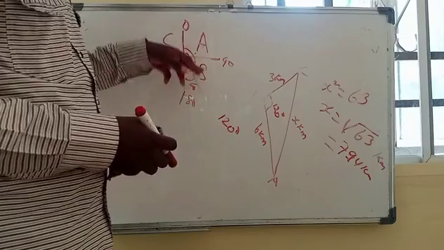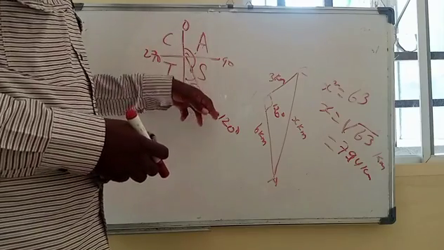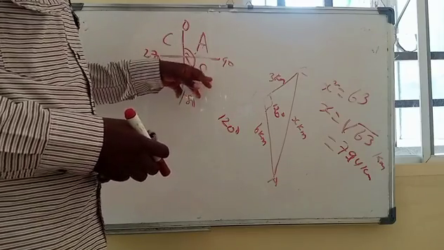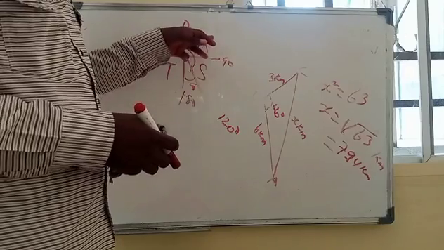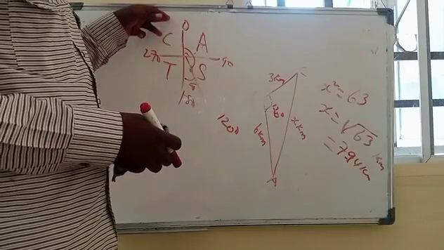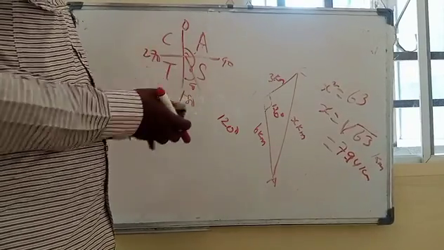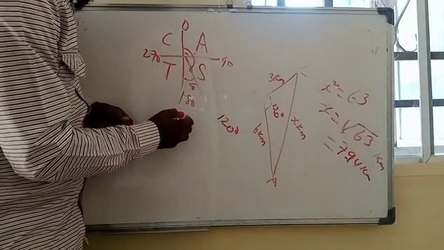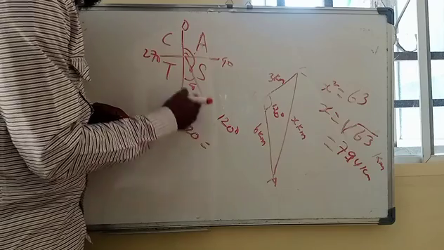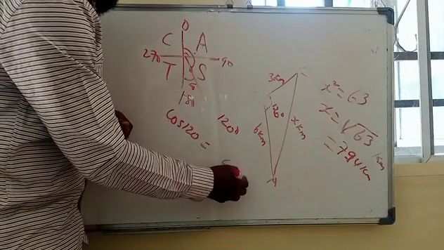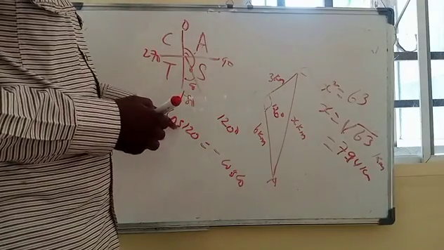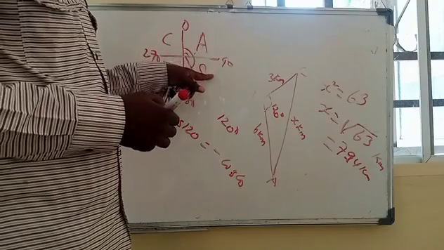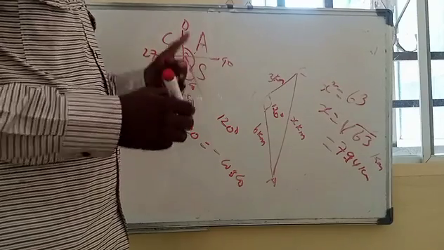Then you look at where the cosine falls. Since we are talking about cos, cos is negative in the second quadrant. So cos is only positive in the first and the fourth quadrant, but it is negative here and here. That is to say that we can now say that cos of 120 is the same thing as cos of 60, but with a negative, because 120 is an angle that falls in the second quadrant, and in the second quadrant, only sine is positive.